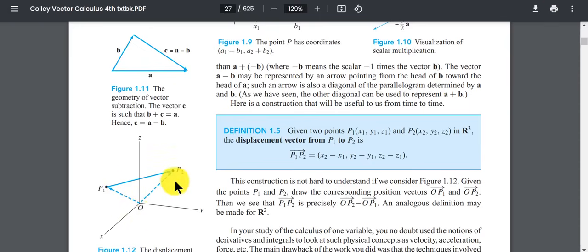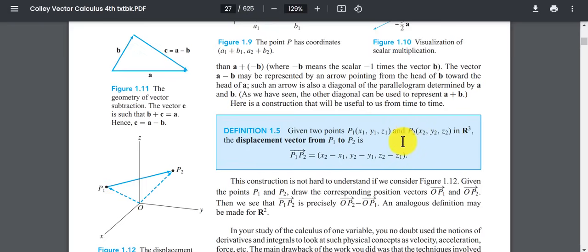So what is this vector? It's P2, so it's x2, y2, z2. And what is this vector? It's P1, it's x1, y1, z1. Remember, I'm saying this vector, I mean without that P2 there. It's just the vector. Here, this means the point.